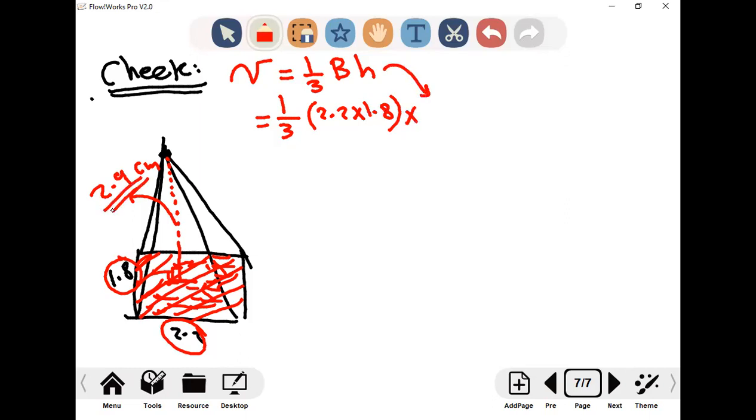How much? Height 2.9. Multiply all of these numbers, then divide by 3. The answer will be 2.2 multiply 1.8 multiply 2.9 equals something divided by 3, 3.83. What is the unit?